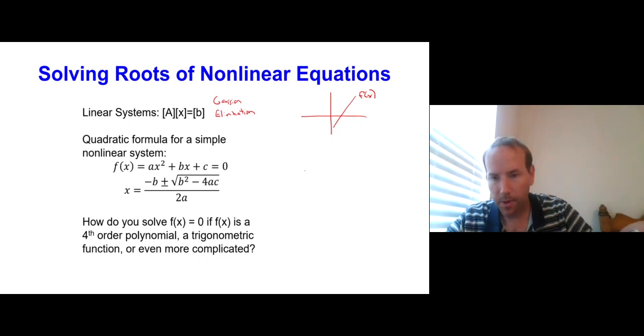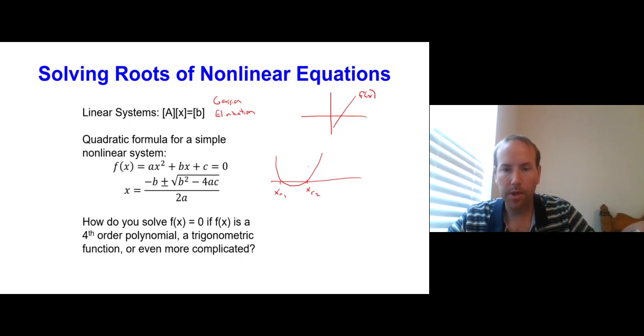You're also familiar with a quadratic equation, which is nice and simple and has a simple analytical solution. But a lot of the more realistic problems are more complicated than quadratic.